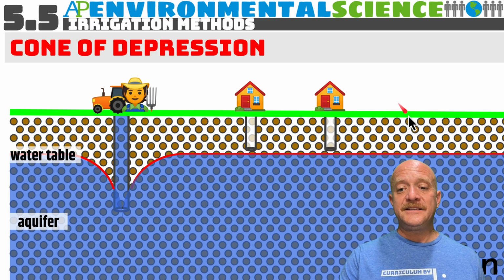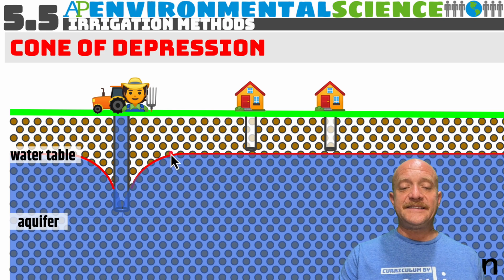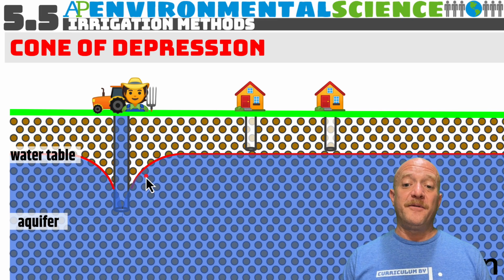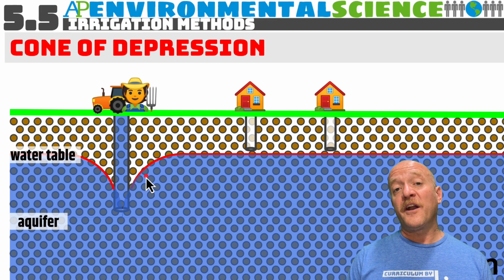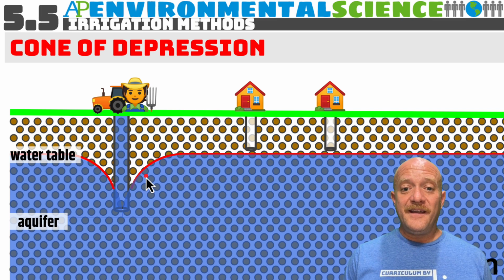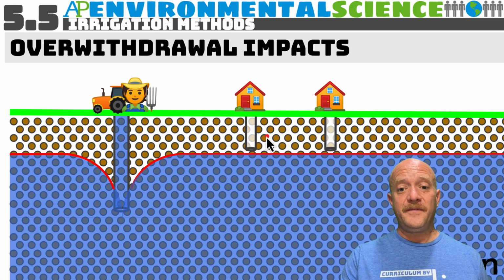Well, what happens is you can get what is called a cone of depression, and that is when there is extensive water reduction from pumping from a well, and it can lower the water table. So basically, this is an example of a tragedy of the commons. Taking up all of this water is making it unavailable for neighboring wells.